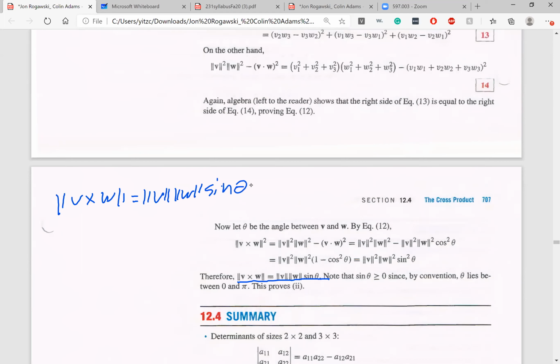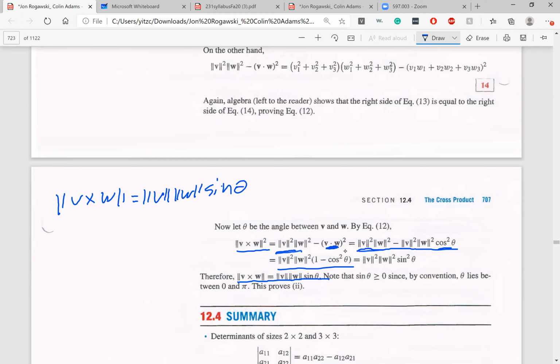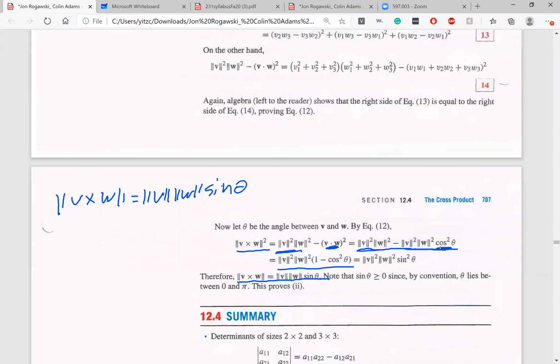It uses the fact that we can use cosine over here and the dot product over here. So if you take this and you get this minus this over here, then this is going to be what we had minus this with cosine over here. That's what the dot product gives us. And then we can switch from cosine to sine the way we know how to do.